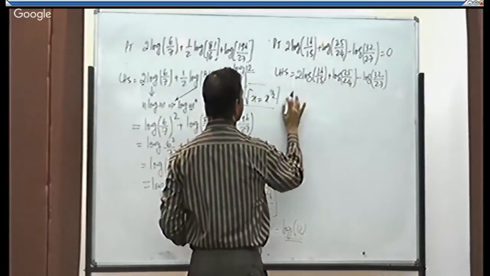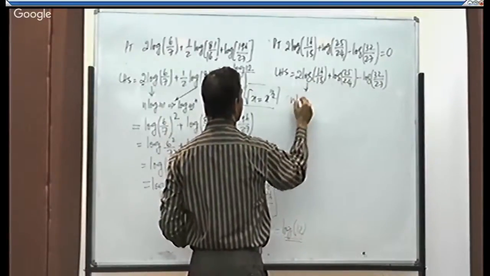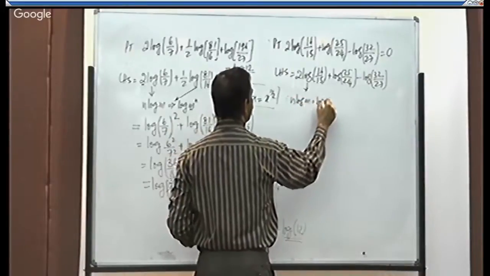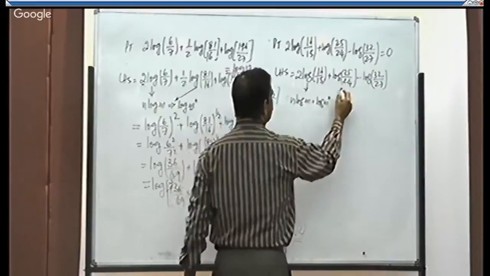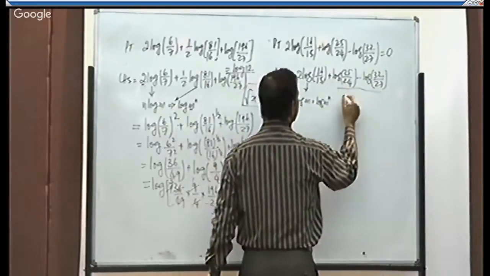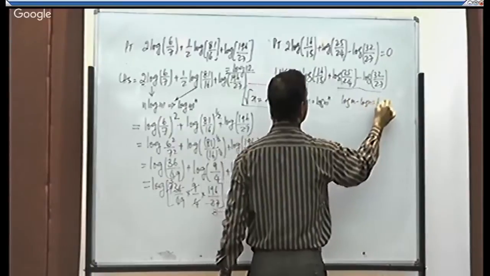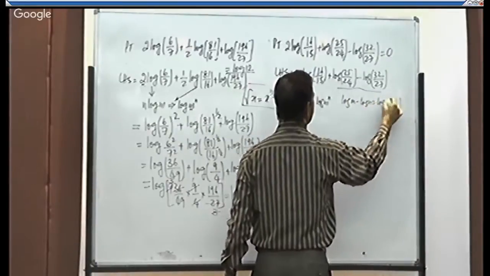First step, I will use this one. This is what? n log m. This becomes log m power n. Okay. So these two will be considered as what? Log m minus log n. It is equal to log of m divided by n. Right?